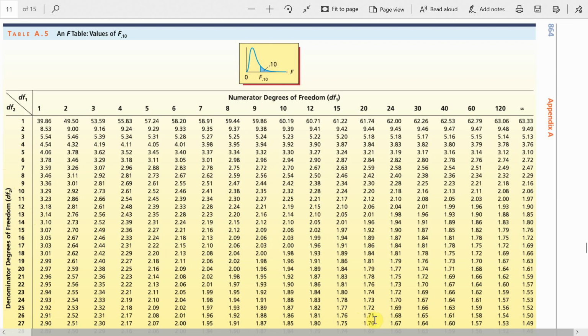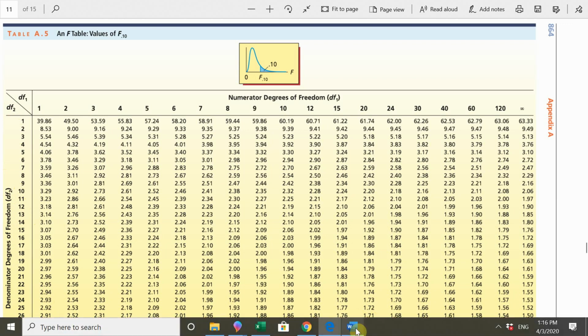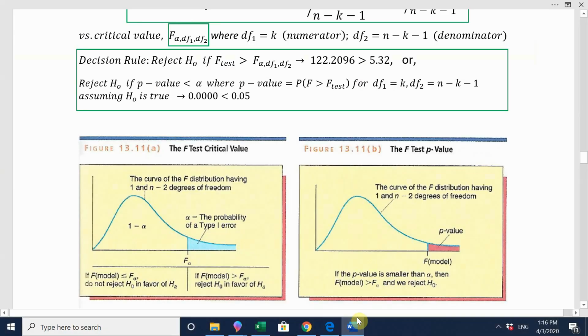Okay, here we are. So here we see how the F distribution is skewed to the right. It has a skewness to the right, and the testing is done on one side.